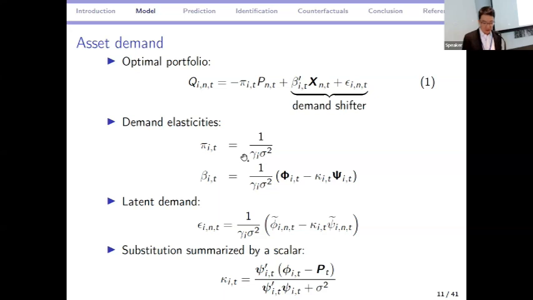Okay, so we can actually write down the formula for elasticities. It's just 1 over risk aversion times sigma squared, where sigma squared is the idiosyncratic volatility. And given my assumption that idiosyncratic volatility is constant across stocks, you have essentially elasticities that are homogeneous across assets for a given investor. Okay, and then there's a lot of debate about whether elasticities are structural parameters or not.